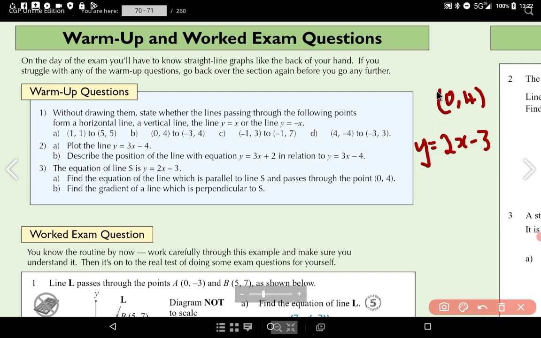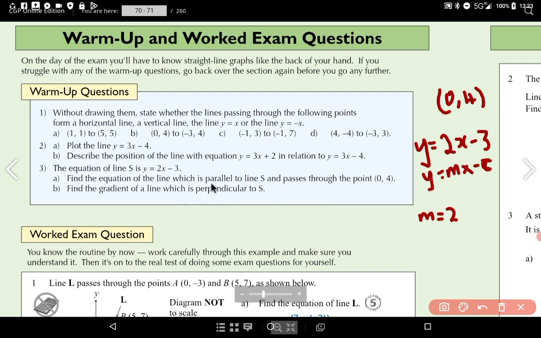And then if we write this in the y-intercept form, in this form, we can see that m is 2. So the gradient is 2.